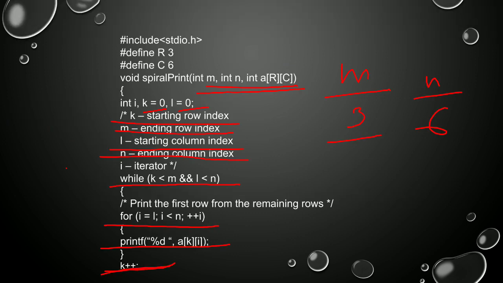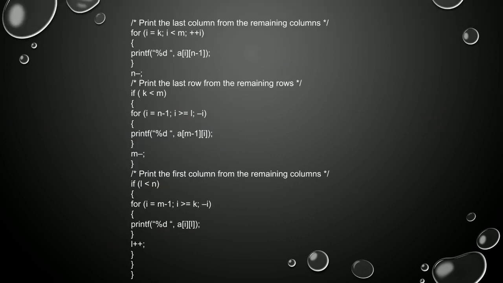Now we are done with this. Now we need to print the last column for the remaining rows. So for i equal to k, i less than m, i plus plus. We have started with the second row and gone up to less than m.